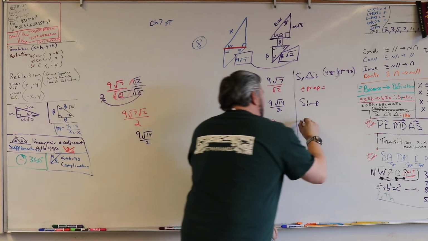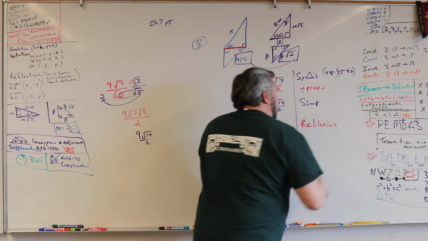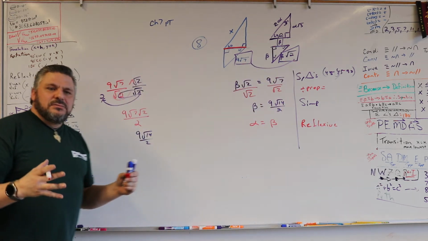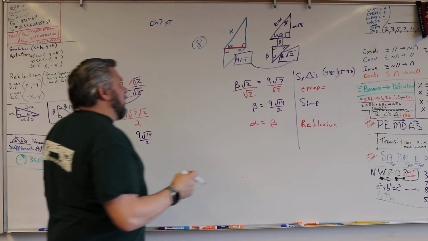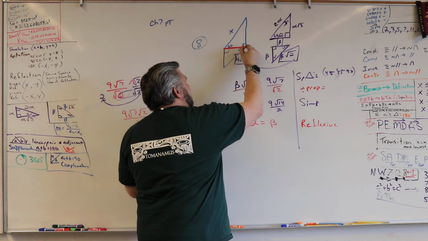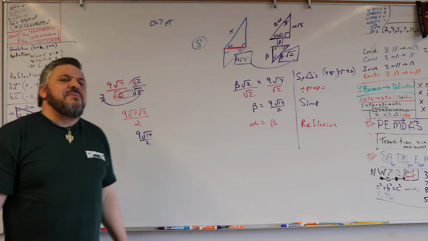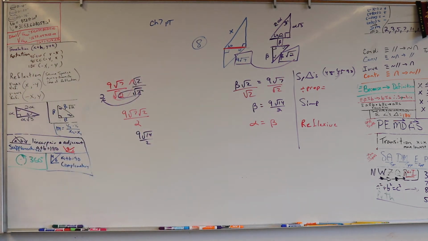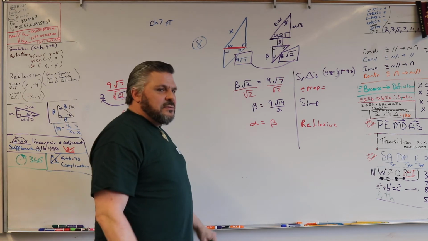So, reflexive property. They mirror each other. They're exactly the same. Okay? So, they share the same line, right? So, AB is equal to AB. That's what's going on there. Okay? So, that means alpha equals beta.